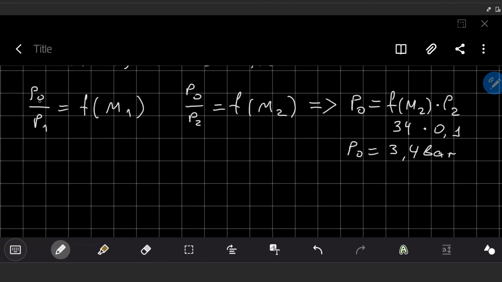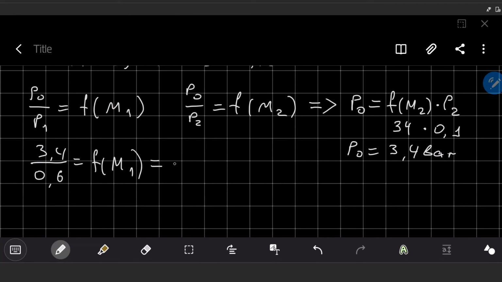So let's write P0 3.4. My measured pressure at point 1 is 0.6. And this is equal to the function of Mach number 1. I know the left side, I know the function on the right side, the only unknown is Mach number.